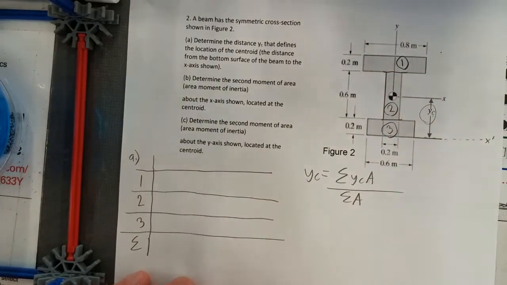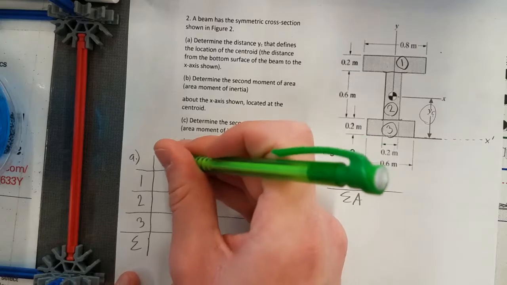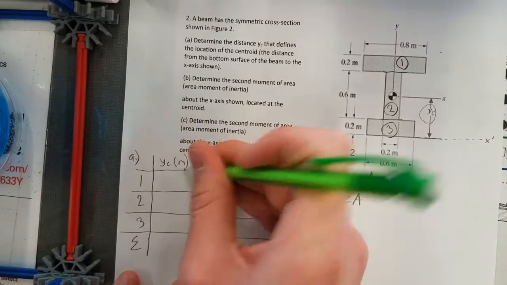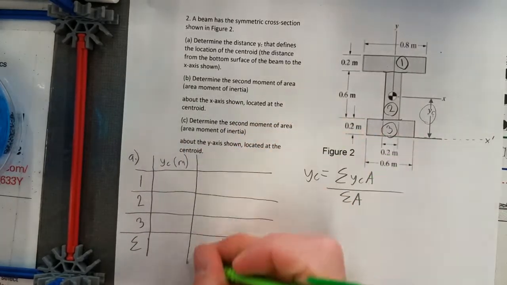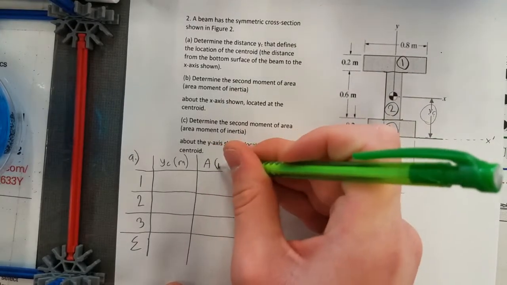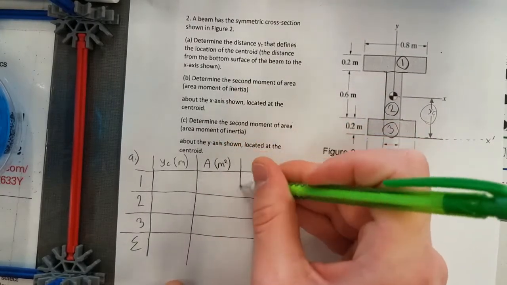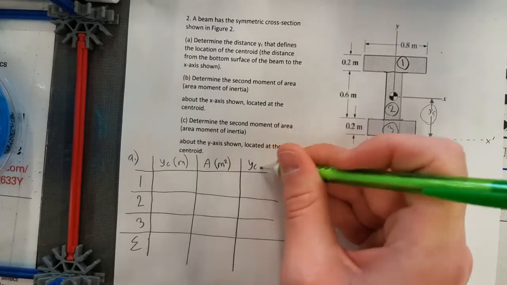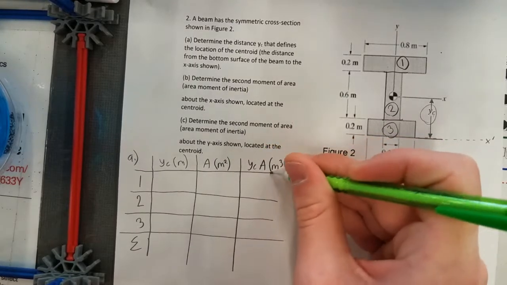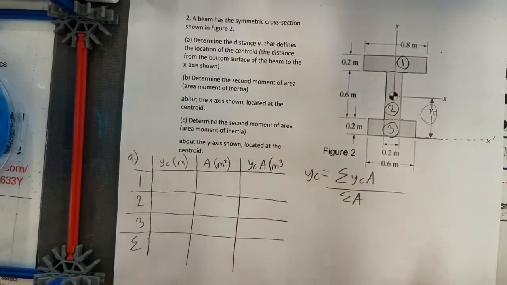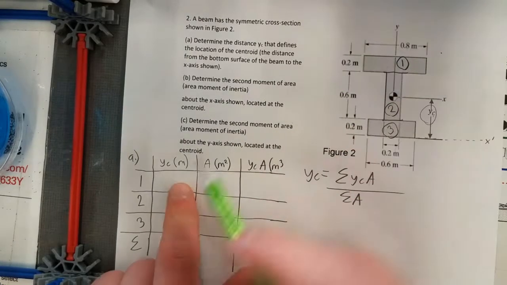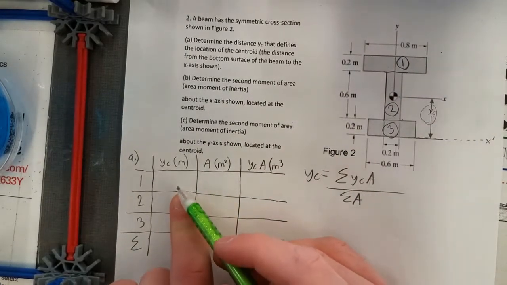And so looking at our table here, we can go ahead and have YC, which is given in meters this time. We're going to have area, which is given in meters squared. And then we're going to have YC times area, which is meters cubed. The units there. And so we can go ahead and take a look at all of our shapes here.